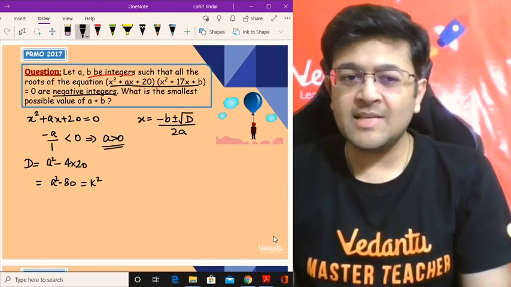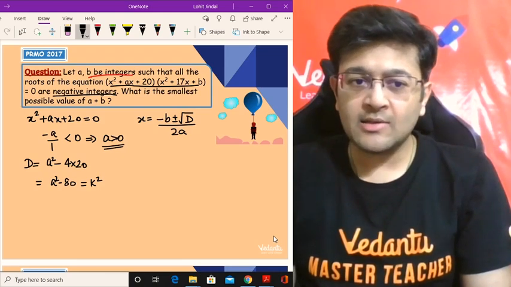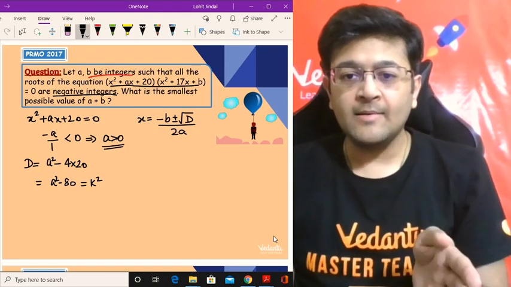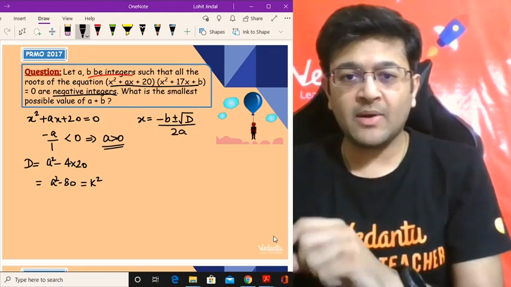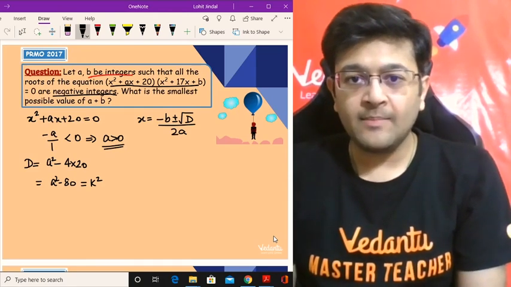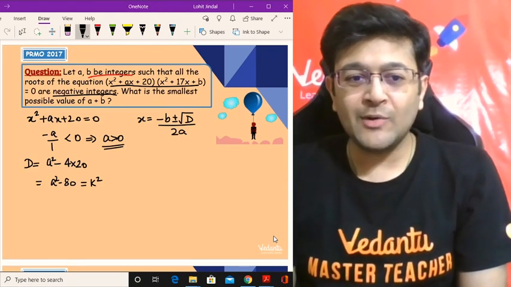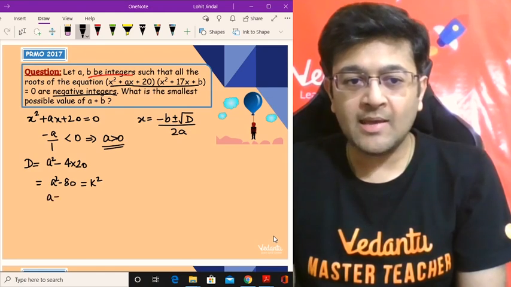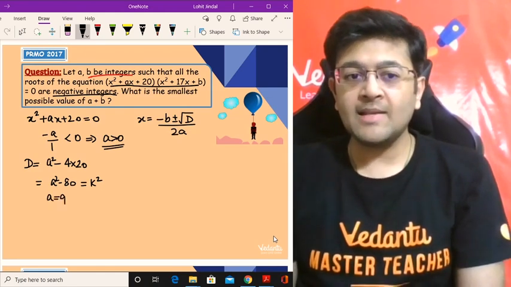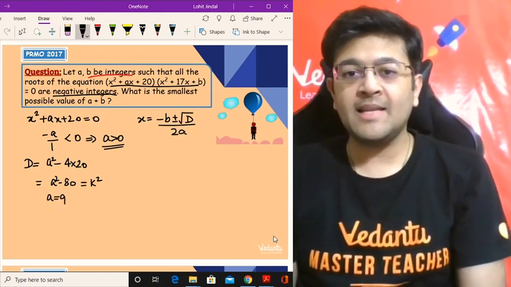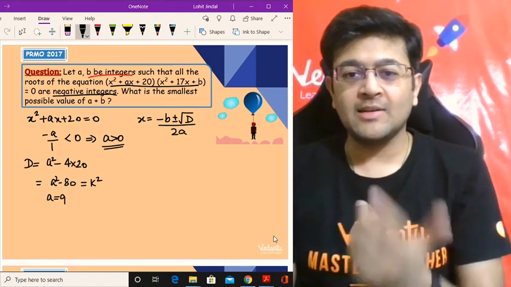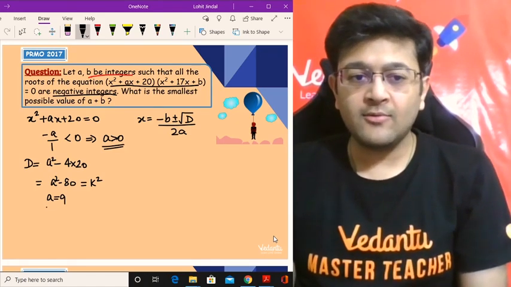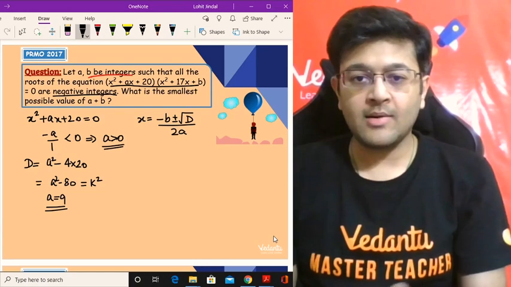And this thing is very easy, right? The nearest square to 80, so that the difference is also a perfect square, you can see it directly. So a should be 9, right? Because 9 square is 81. 81 minus 80 is 1, which is the smallest perfect square. So we have directly found the smallest value of a here, right?